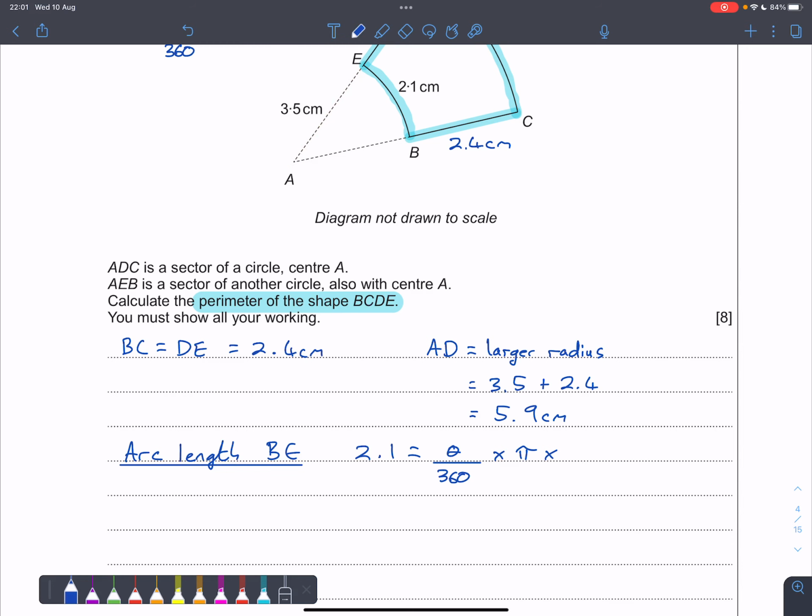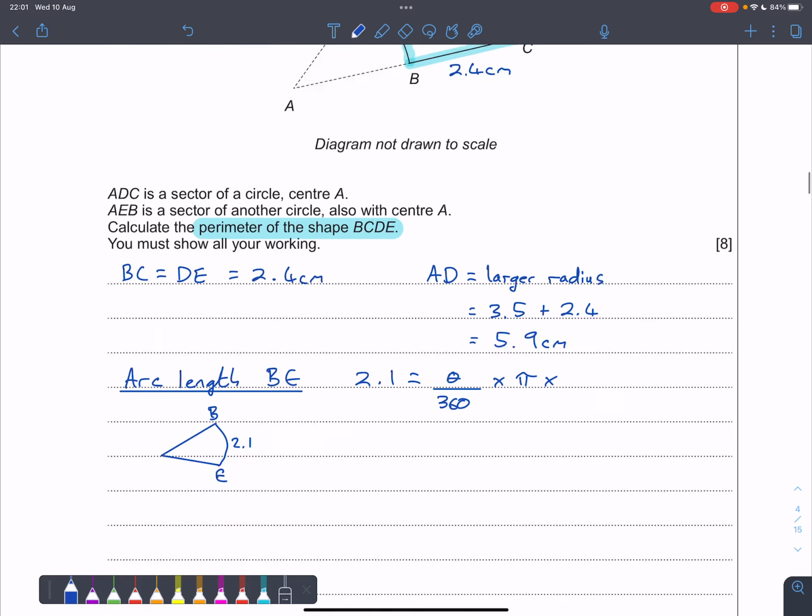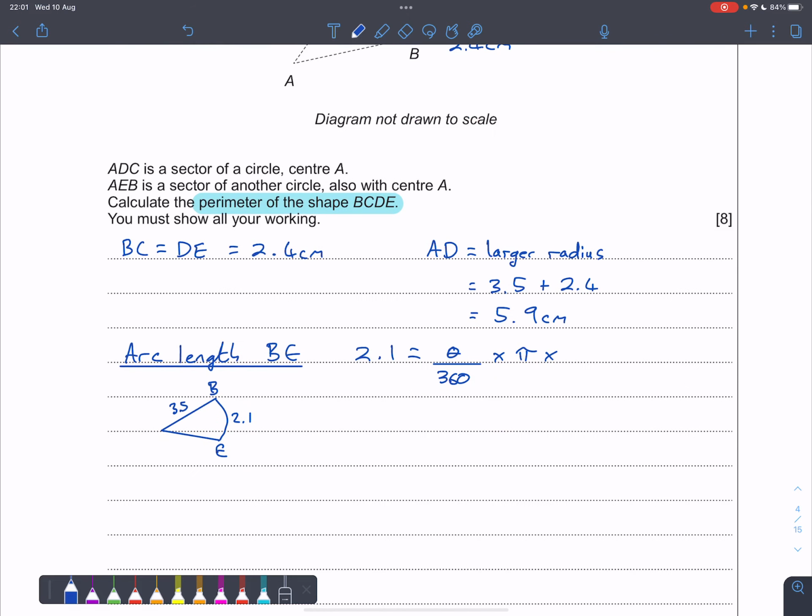I tell you what, let's draw a little diagram. So BE, we know that's 2.1. I know that is 3.5, but I don't know what theta is. The radius of this is 3.5, so the diameter is going to be 2 lots of 3.5. If you want to go straight to 7, that's fine.